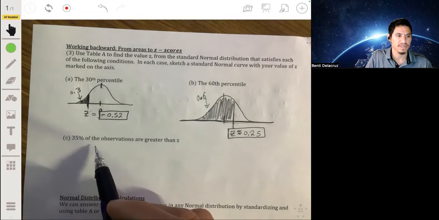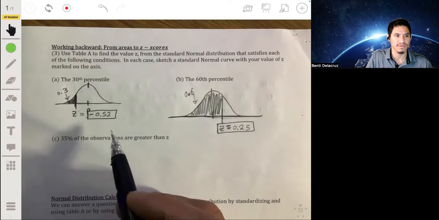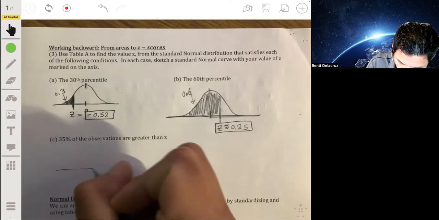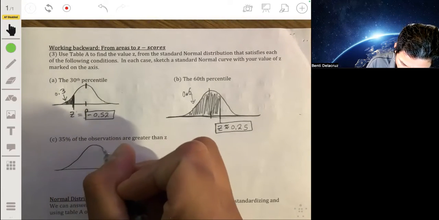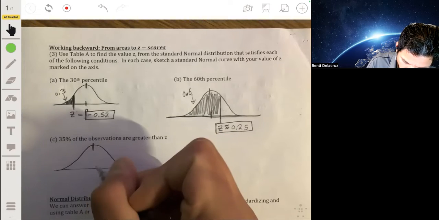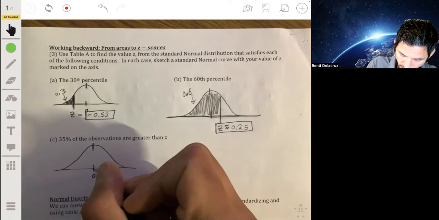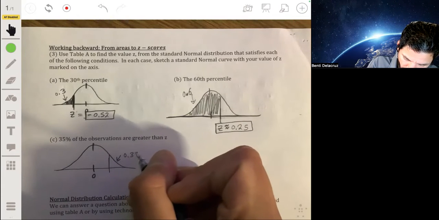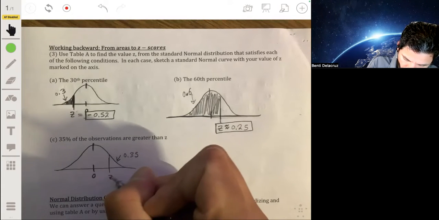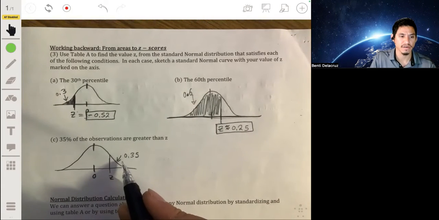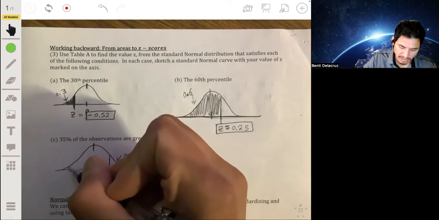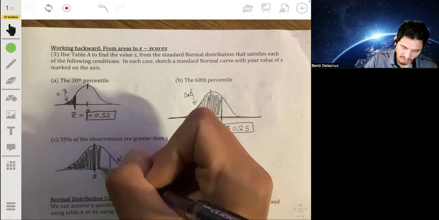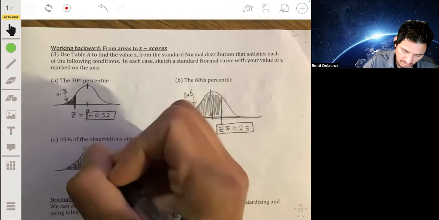Now, if the question is worded differently, don't let that throw you off. It's essentially the same thing. If it says 35% of observations are greater than z, so we look at our mean right here, saying that the area is 0.35 here. 35% of the values are greater than z, but then that means the area to the left is going to be 0.65, because 0.65 plus 0.35 is 1.